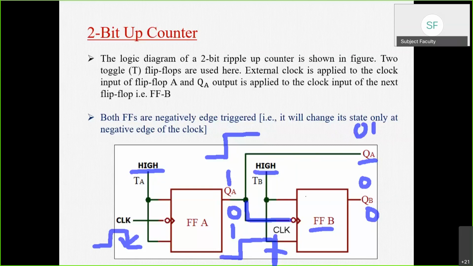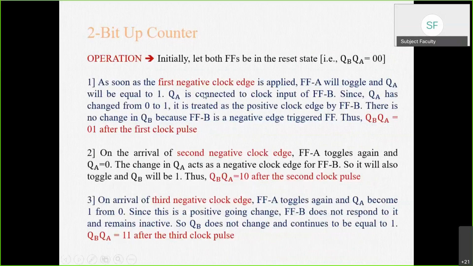The same thing I have explained here; I will just read it for you. As soon as the first negative clock edge is applied, flip-flop A will toggle from 0 to 1. The output of flip-flop A will be 1, and there is no issue in that.